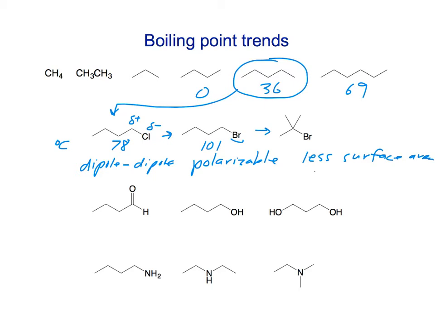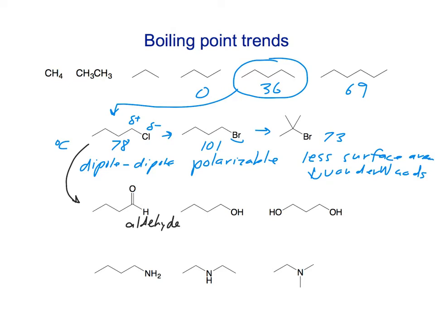The van der Waals should go down, and so the boiling point should go down. And so the boiling point of this compound is only 73. All right, so let's go down here from chlorobutane to this, an aldehyde, remember?